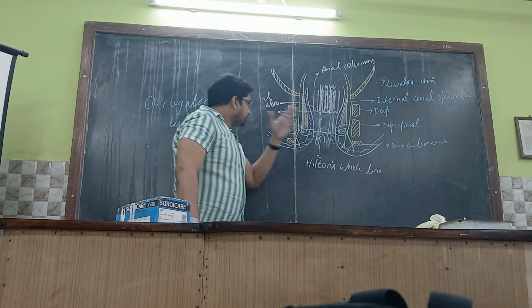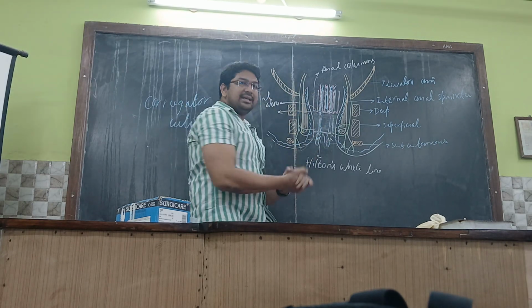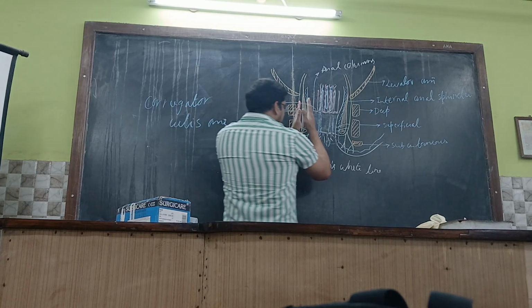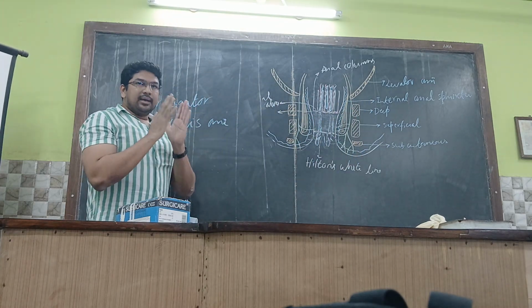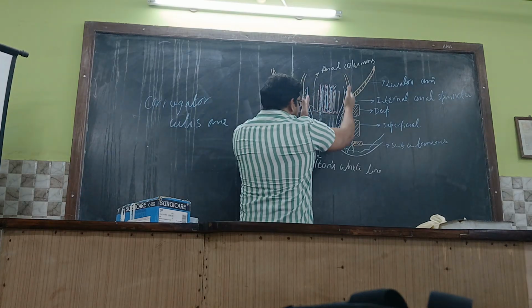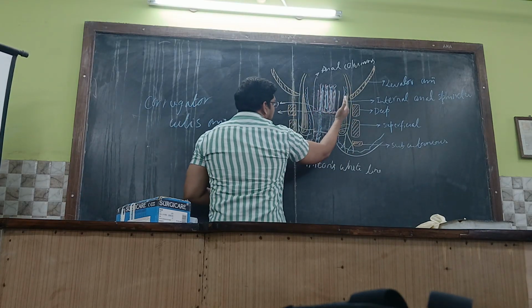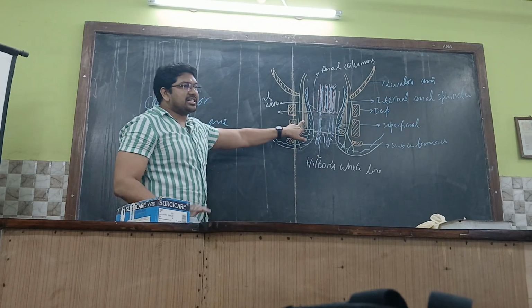Okay. So you can see that the external and internal are named with respect to the transverse alignment over here. Transversely oriented internus muscle and externus muscle. See here, this is the anal canal. Adjacent to the anal canal, this part is the internal anal sphincter.